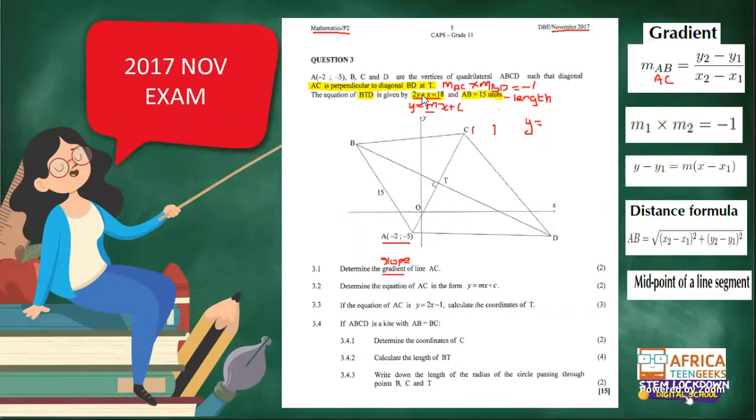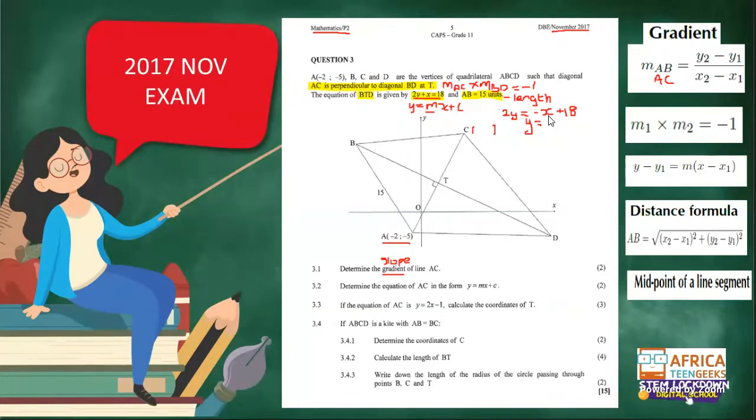So we would have 2y equals -x, because we want to write it in this form so that we can identify our gradient. So it would be -x plus 18.